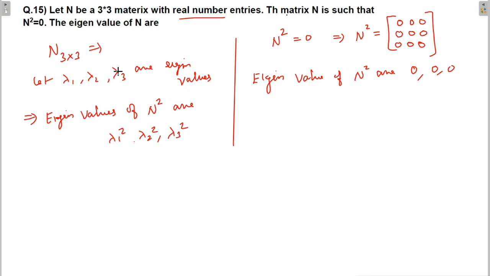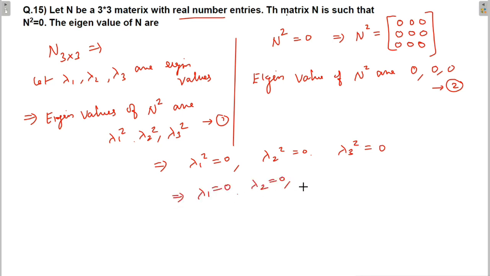Now compare equation 1 and 2. From that you get lambda 1 square equal to 0, lambda 2 square equal to 0, lambda 3 square equal to 0. So from that you get lambda 1 equal to 0, lambda 2 equal to 0, lambda 3 equal to 0.